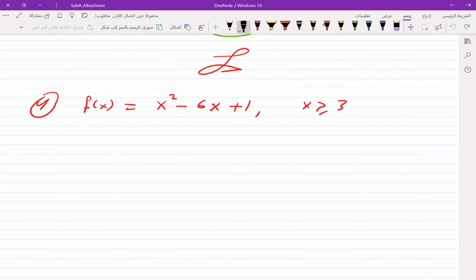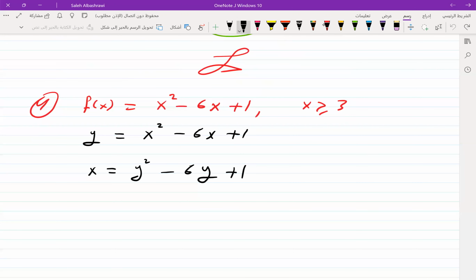Step number 1, replace f of x by y. Y equal to x squared minus 6x plus 1. Now interchange between x and y. I will have x equal to y squared minus 6y plus 1.